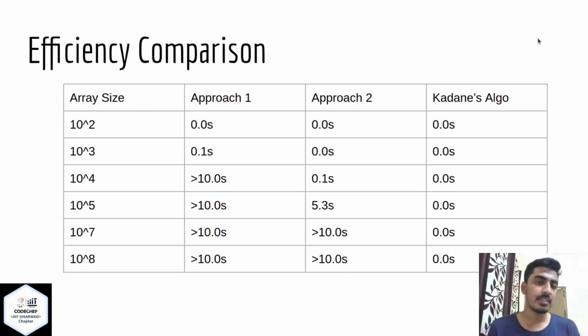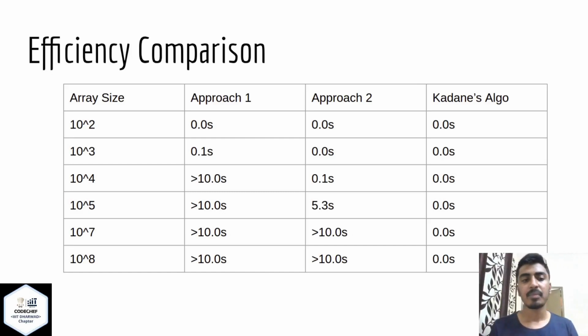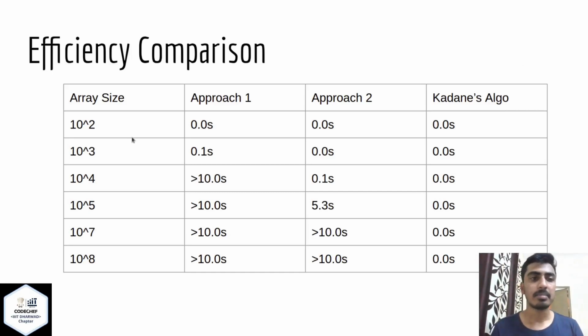This is the efficiency comparison table of the input size and the time it is going to take. If you remember, I said that general compilers of C++ and Java can perform around 10^7 to 10^8 operations in a second.